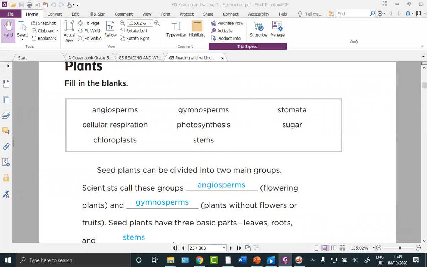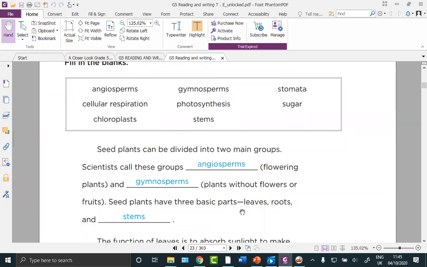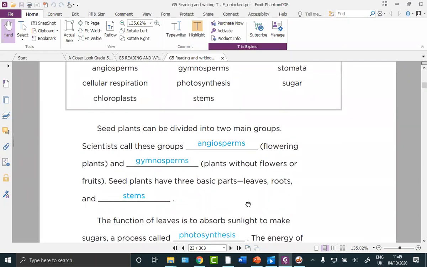Flowering and angiosperm, flowering plants, and gymnosperm, plants without flowers or fruits. Check your answer. It's correct.